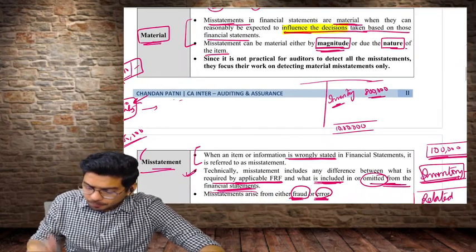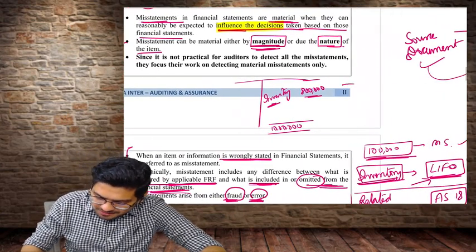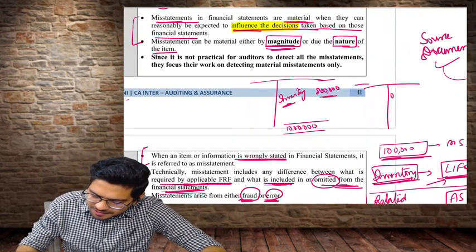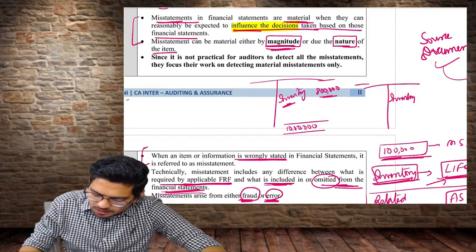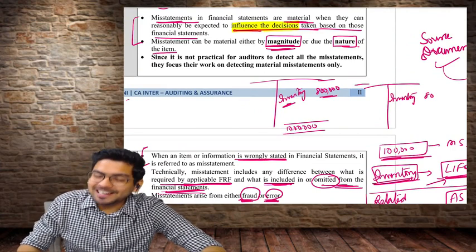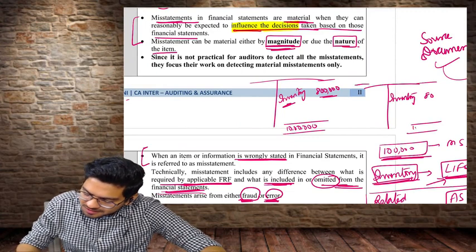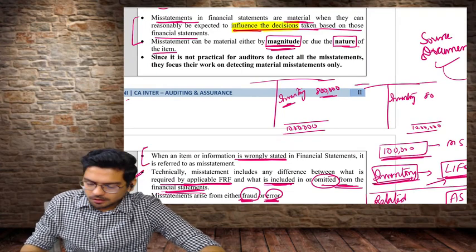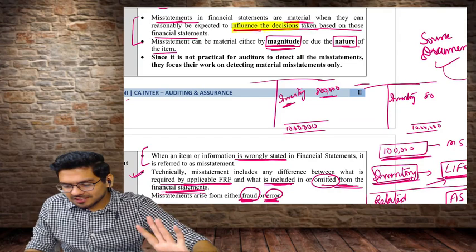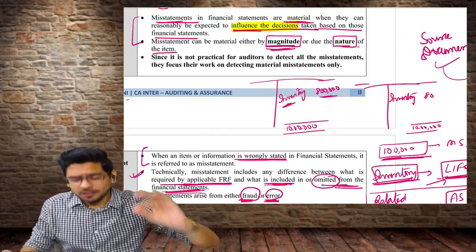Alright. But let's say the inventory amount is only rupees 80 and the total assets are 10 lakhs. Now what will happen?